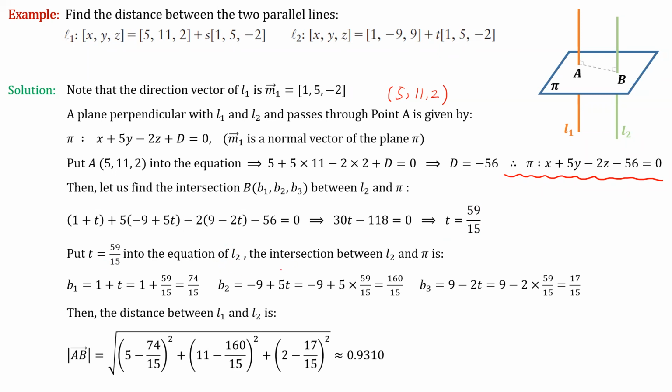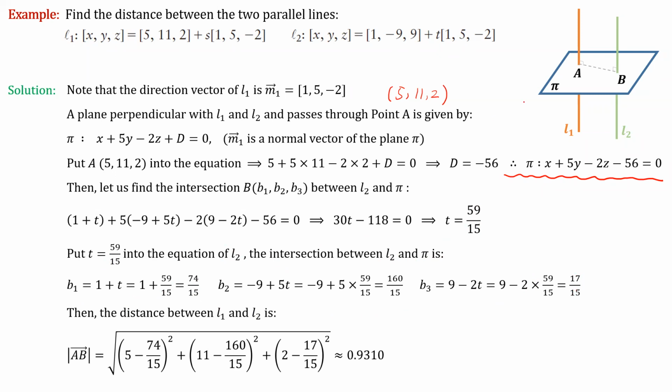Then put t equals 59 over 15 into the equation of L2. Then we can find the coordinates of the intersection between L2 and pi, which are B1 equals 74 over 15, B2 equals 160 over 15, and B3 equals 17 over 15.